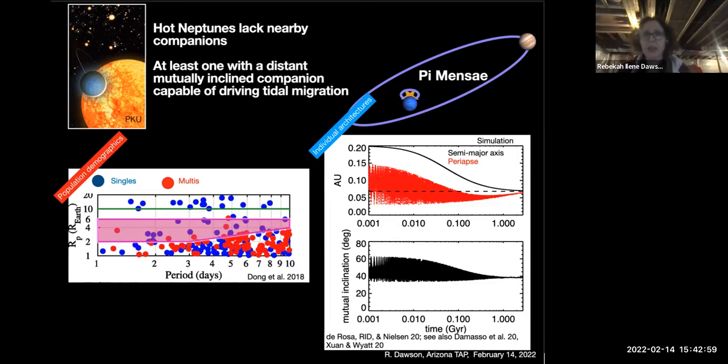They're in very different planes. And when we simulate the system's history, that outer inclined planet is very consistent with causing a perturbation, and then high eccentricity migration can take over for the inner planet and lead to this close-in Neptune that's in a very different plane from its distant outer planet.